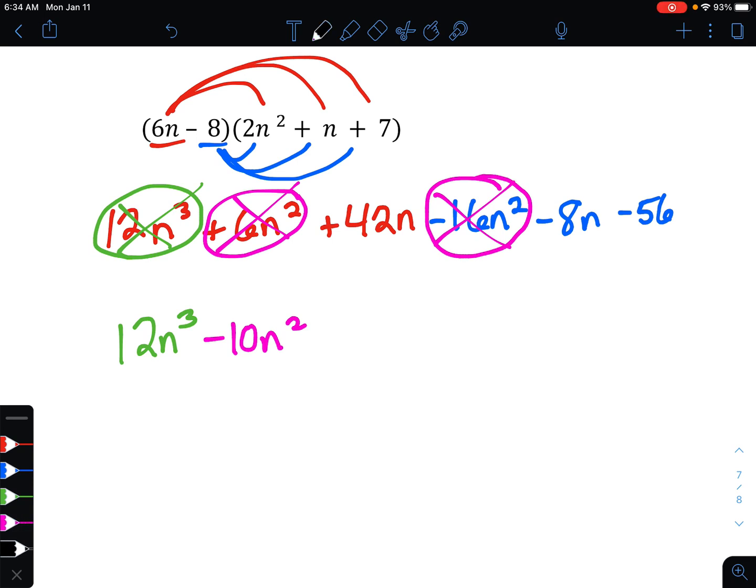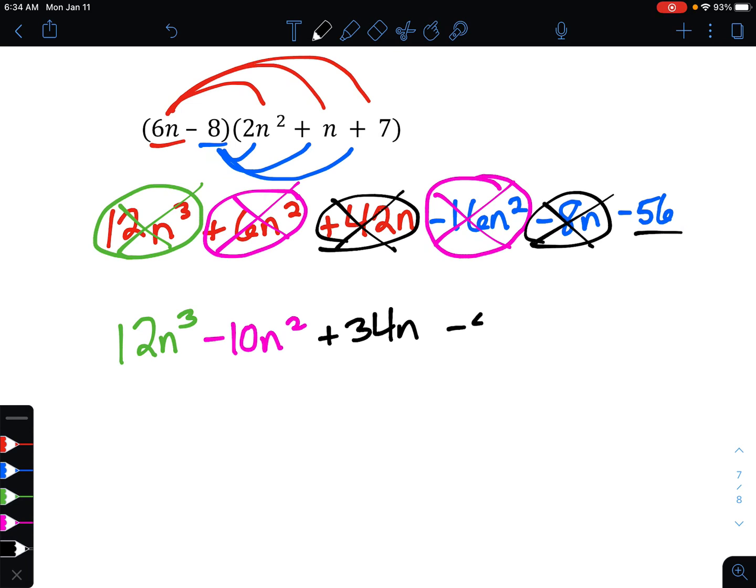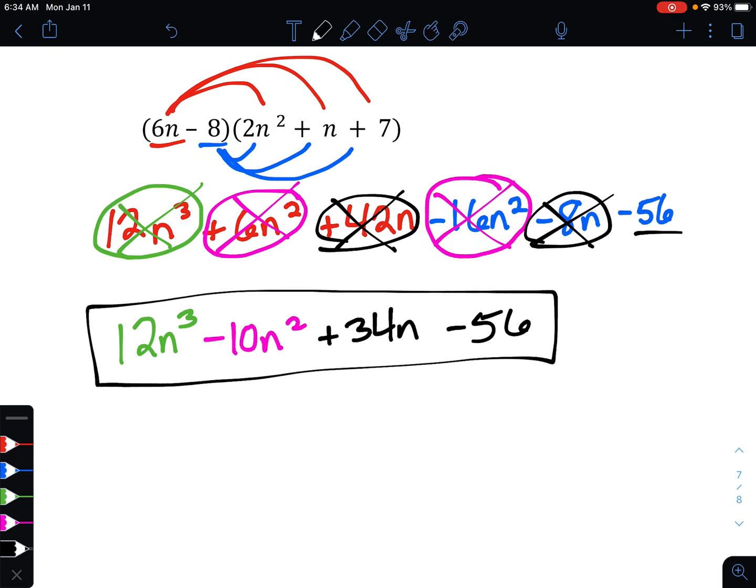So n by itself, we'll have 42n minus 8n, so 42 minus 8 is plus 34n. And then finally, we just have a minus 56 for the end of our problem. So a little bit more combining like terms that you have to do, but pretty much everything else stays the same.